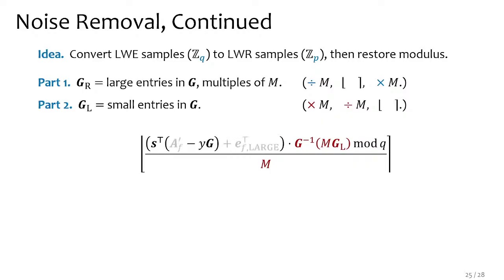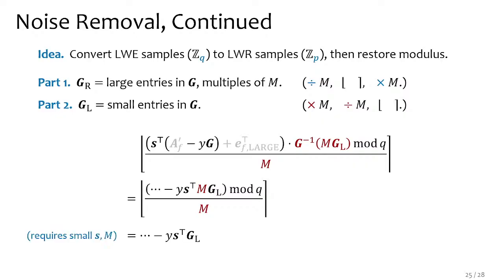For now, please just focus on what happens to the G in this equation. G times G inverse of mgl is going to be mgl. Now the denominator and the numerator both have m. Therefore, you can just remove m and take this value out of the rounding. And that finishes the description of our noise removal function.